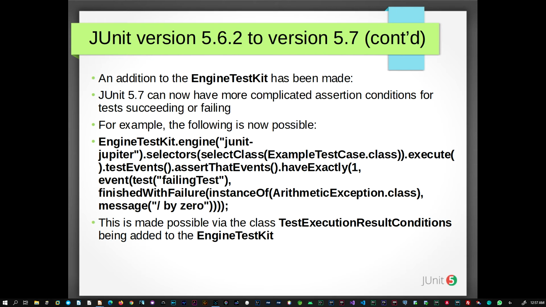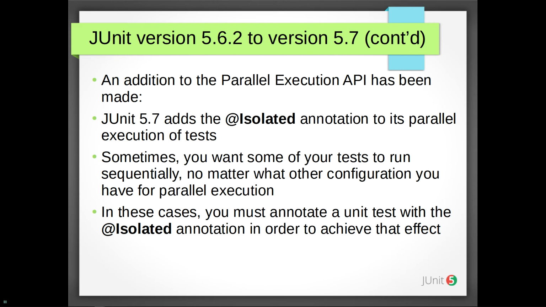Alright, next. An addition to the parallel execution API has been made. If you recall, the parallel execution API is explored in Appendix A. JUnit 5.7 adds the @Isolated annotation to its parallel execution of tests. Sometimes you want some of your tests to run sequentially, no matter what other configuration you have for parallel execution.